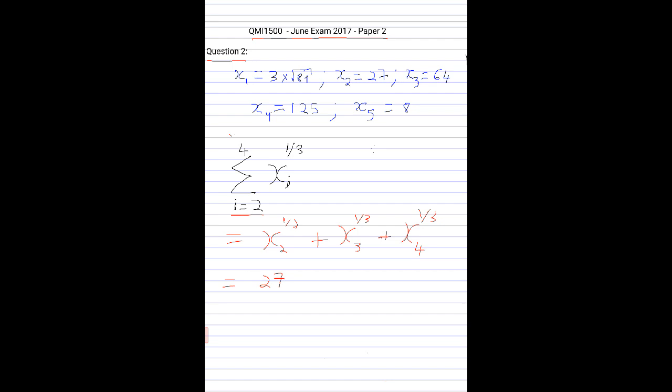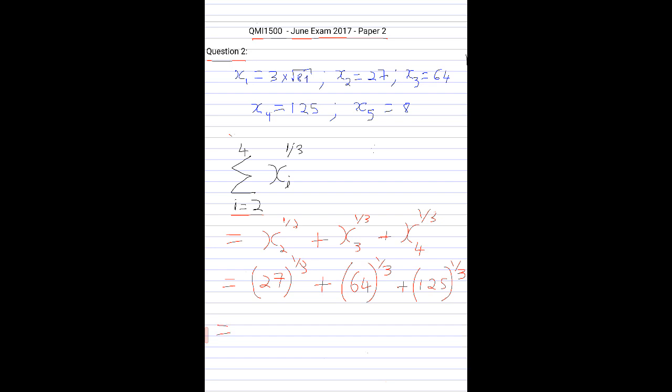Now for the sake of simplifying in the next steps, I'm going to leave it in brackets, to the power of 1 over 3, plus x3, we are told, is equal to 64, the same thing in brackets, to the power of 1 over 3, plus x4, we are told, is equal to 125, also left inside the brackets to the power of 1 over 3.